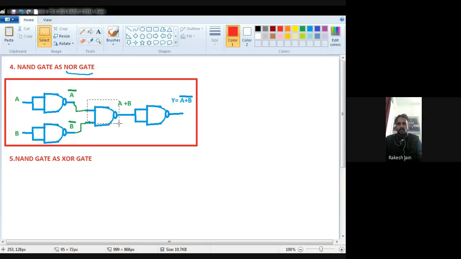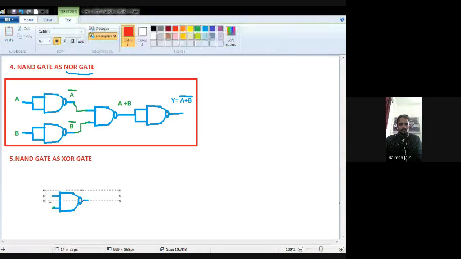For this I have to use a NAND gate. First of all, I use a NAND gate. See very carefully.